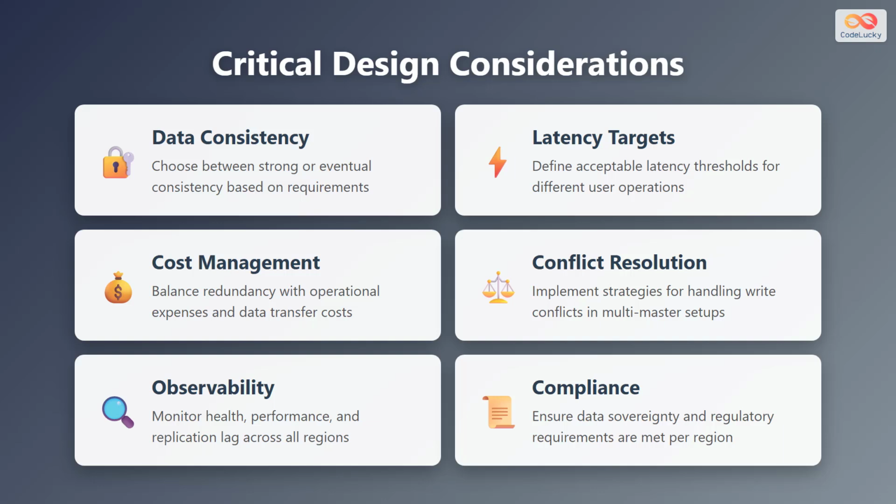Balance redundancy requirements with operational expenses and data transfer costs, which can be substantial at scale. Conflict resolution. Implement strategies for handling write conflicts in multi-master setups, where simultaneous updates to the same data can occur. Observability. Monitor health, performance, and replication lag across all regions to ensure system reliability. Compliance. Ensure data sovereignty and regulatory requirements are met for each region where you operate.